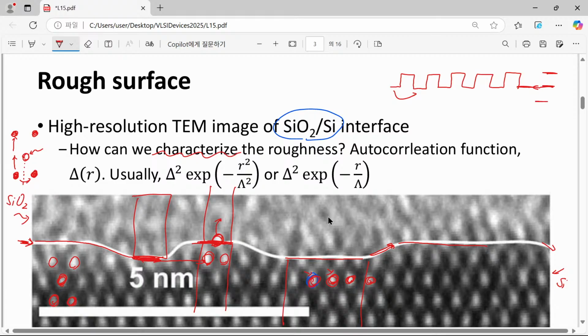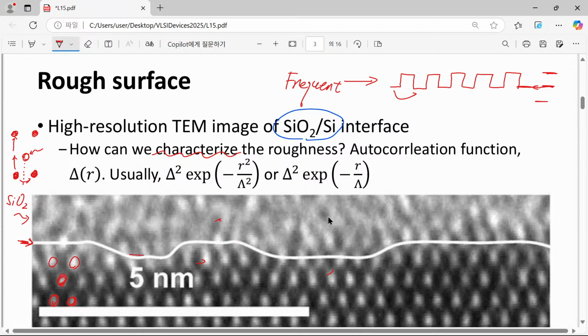Can you just predict the next position? Actually, you cannot. The point is, at least this shape is not as random as drawn here. It's not that frequent, where every time it is up and down, up and down, up and down. It's not. So you can easily understand there is a certain kind of characteristic length.